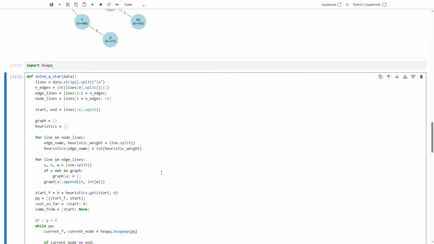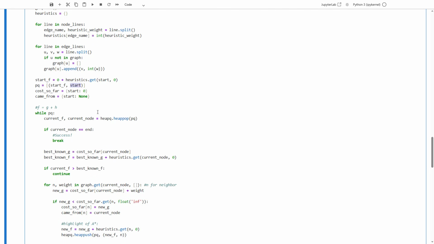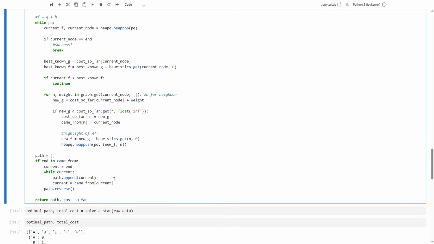Okay, so after this one, what did we do? The second thing was fixing the priority queue with start F and start, which is pretty much good. And then we took a look at the loop itself, and we made sure that we always take a look at the new F to be new G plus heuristics.